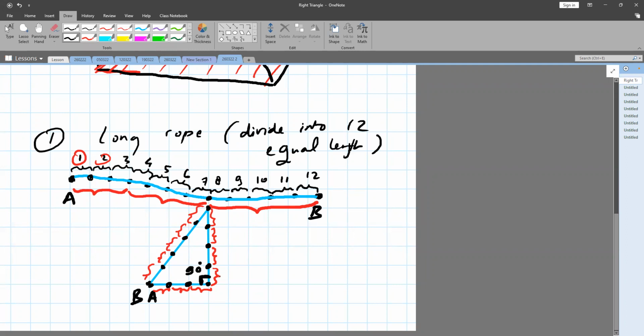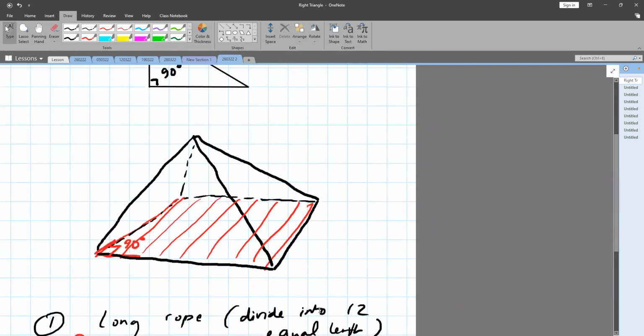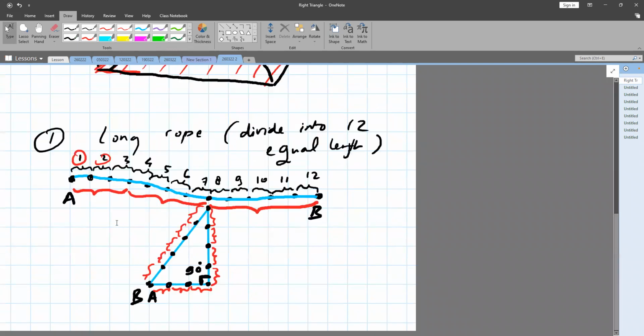So when they put this triangle on a surface, like on the land, it makes 90 degrees. That's very smart, actually. Remember, at that time, they did not have the protractor.